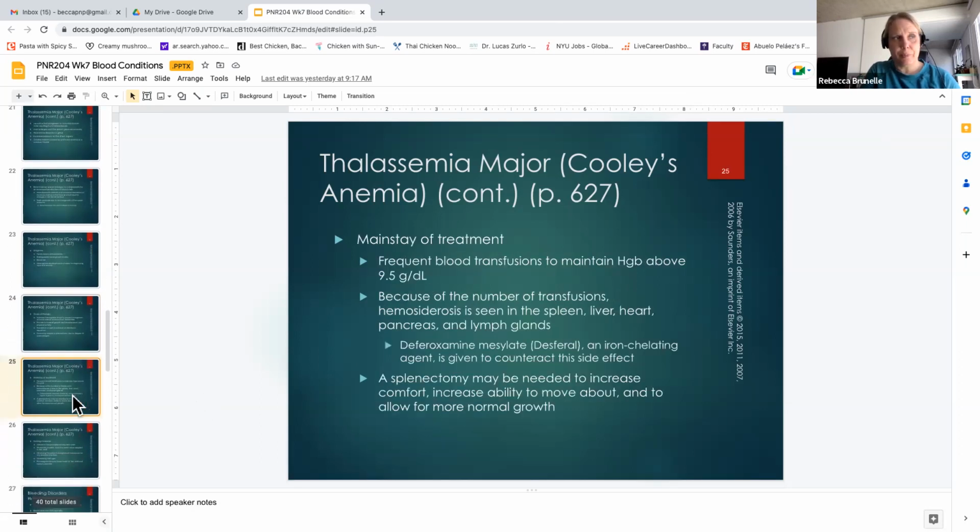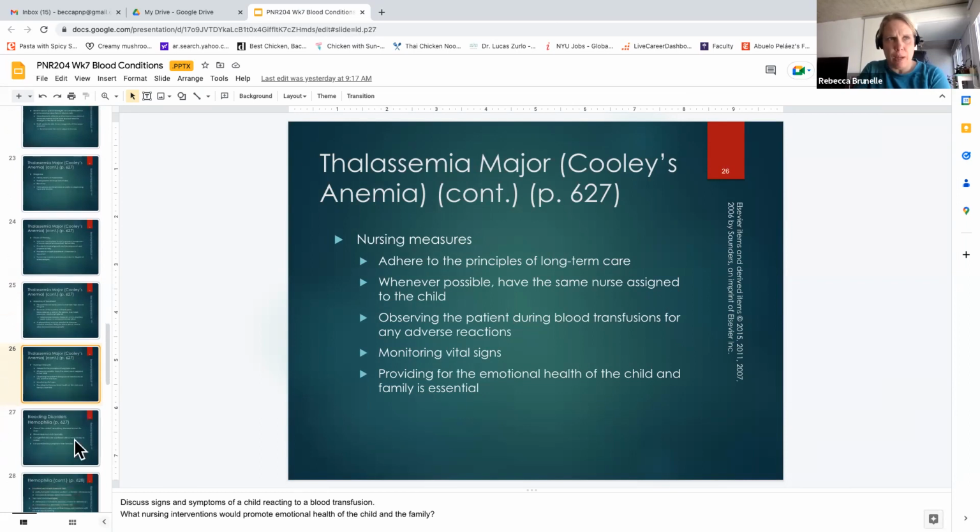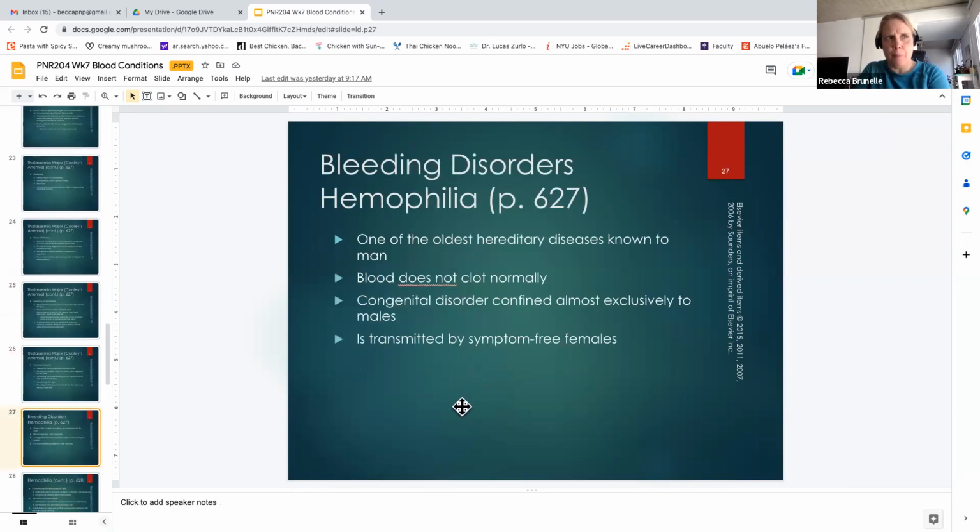So it has a lot of similarities to sickle cell disease. I'm going to go ahead and leave this as a reference point, but you need to understand the basic concepts. So I think that we've gone over the main points for thalassemia.